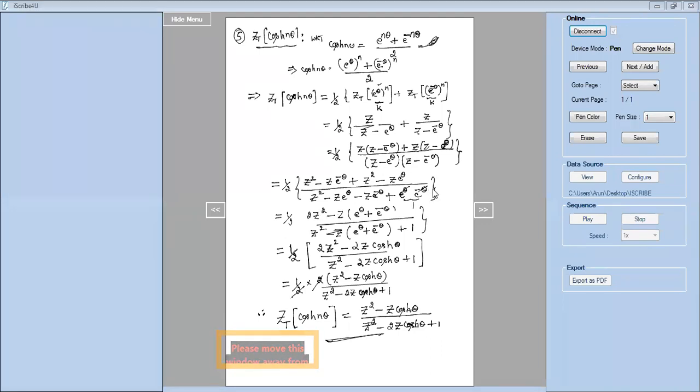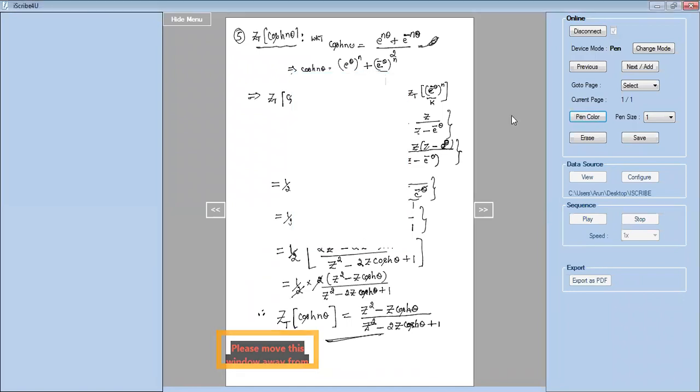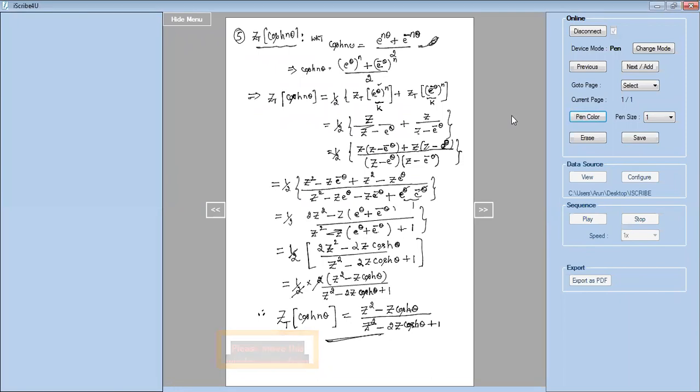Guys, actually there is, just a minute. I'll just prove what is z transform of sin h n theta now. So here itself I'll do a small changes. So to prove the z transform of sin h n theta, you can prove in the same way.